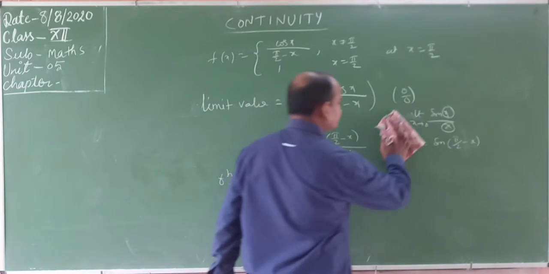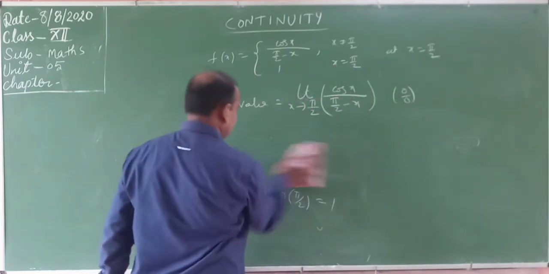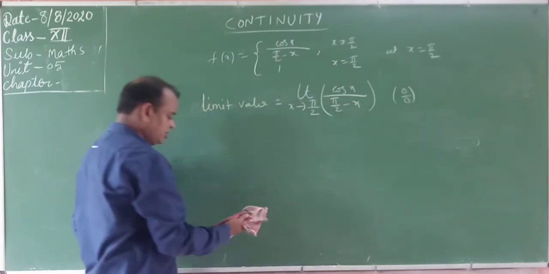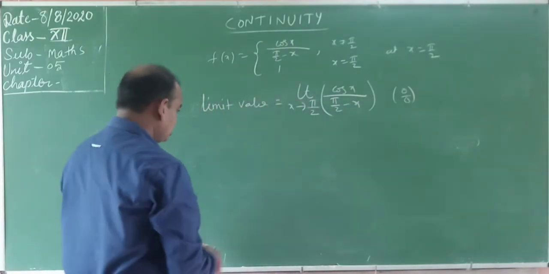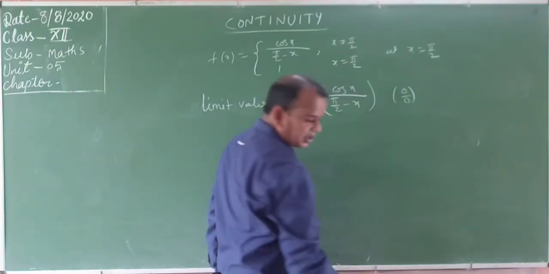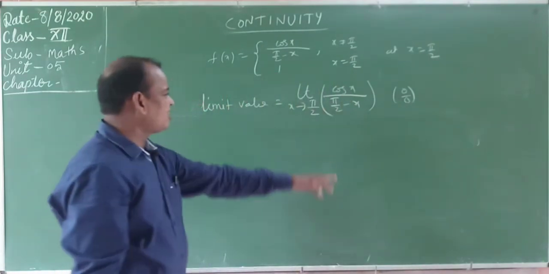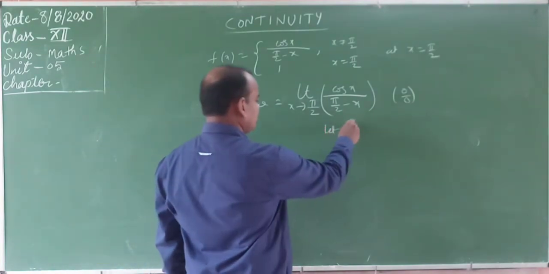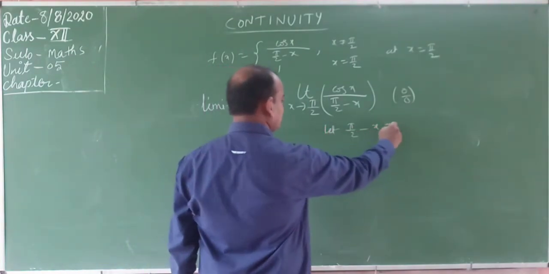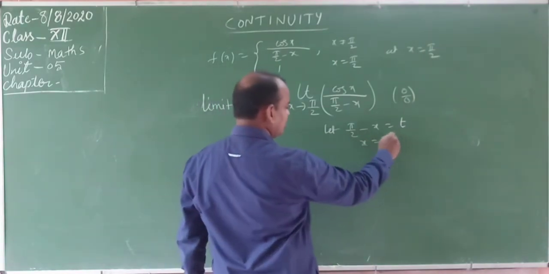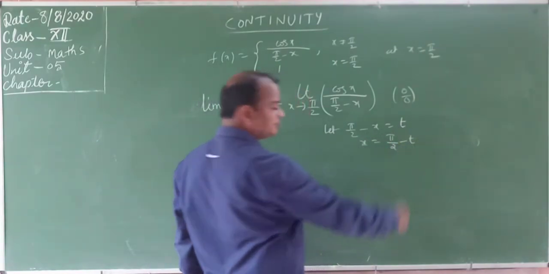Listen carefully, my dear students. Here the denominator is pi by 2 minus x; cos x we cannot change anywhere. Let pi by 2 minus x be t. Now what about the x value? x is equal to pi by 2 minus t.